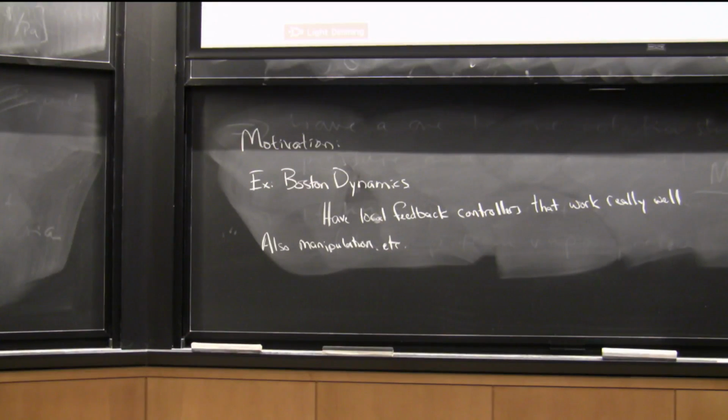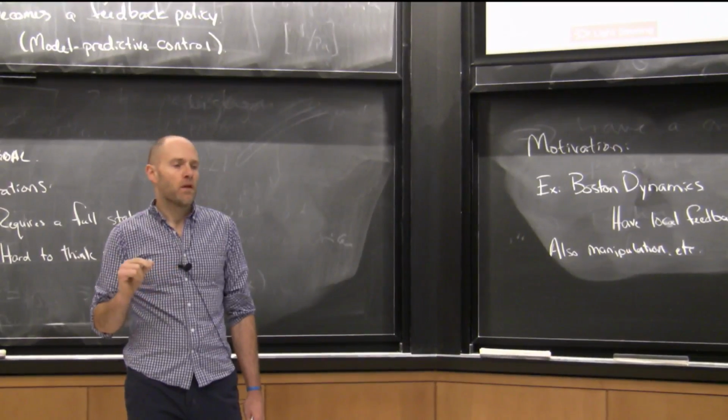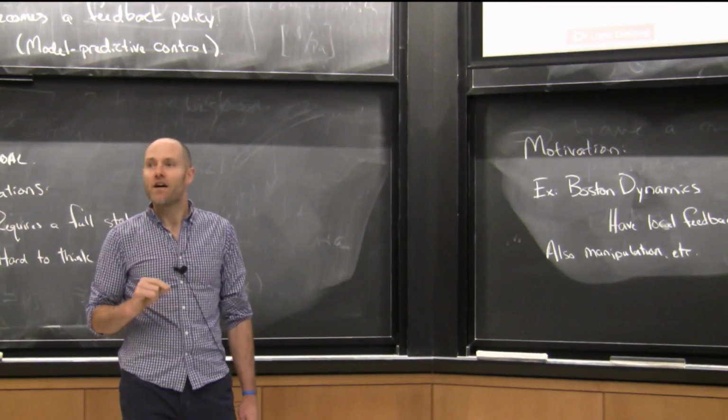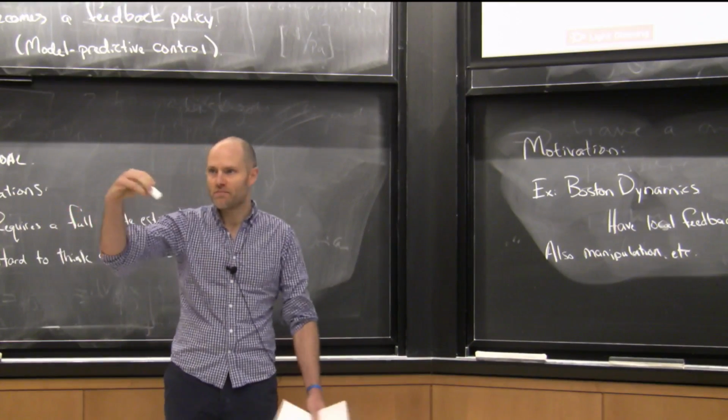In fact, one of the initial motivations for motion planning was a famous paper by Lozano-Perez, Mason, and Taylor. It's the LMT paper, that talks about peg and hole insertion, which is a manipulation problem.